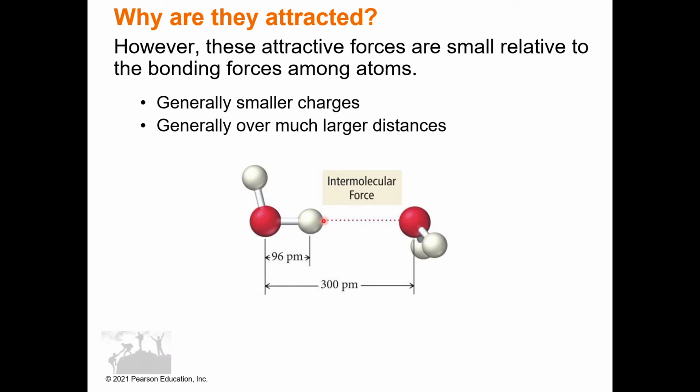An intramolecular force would be something like a covalent bond. It's found within a molecule. And the force found here is a lot stronger compared to the force found between two molecules.